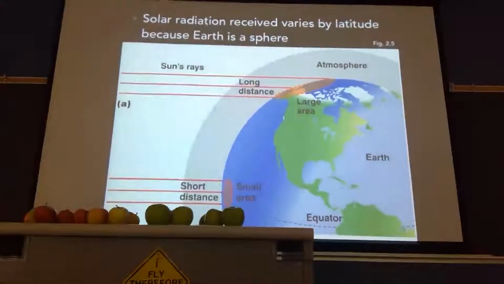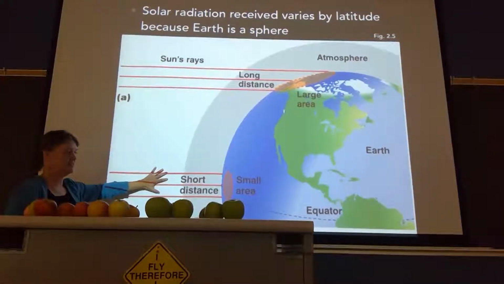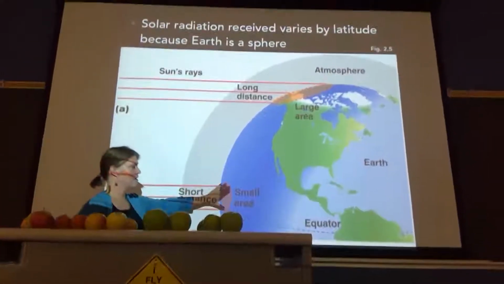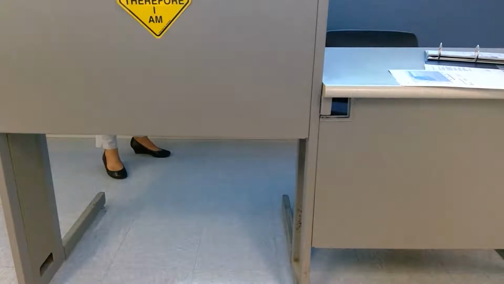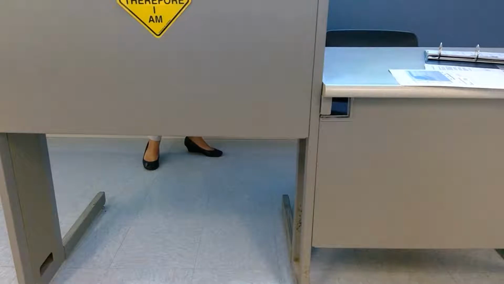Okay, so it works like this. Solar radiation varies by latitude because the Earth is a sphere. And it turns out that the radiation coming in from the sun, the light, and all the different wavelength components of light, go a shorter distance and hit a smaller relative area when they hit the equator, which means that a given place on the equator is going to receive more radiation than the same little geographic spot at the pole or higher latitude, where the radiation has to travel farther, so more of it gets lost on its journey through space, and it's spread out over a larger area.